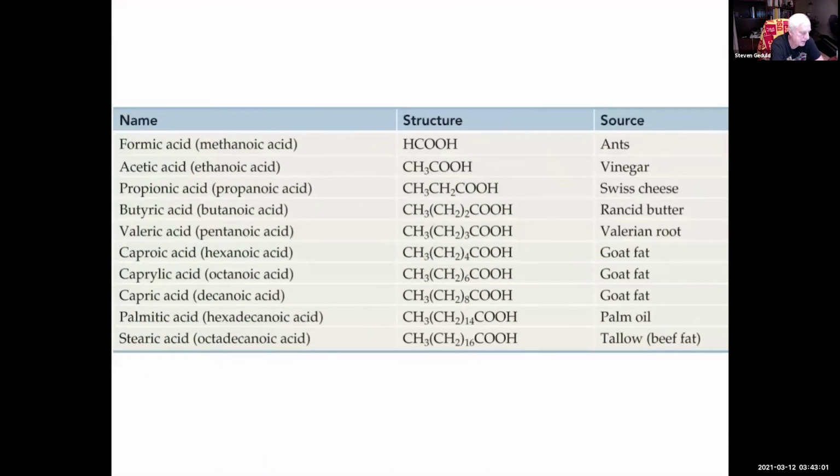So these are the different names of the different types of acids, the chemical structure, how many carbons are in it, and then the source of where they get it from. Like formic acid we talked about, methanoic acid with just one carbon. That's what gives ants, when the ants bite you, that sting and that burn. That's the methanoic acid. Ethanoic acid is vinegar. Propanoic acid is Swiss cheese.